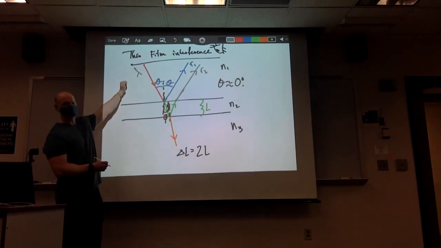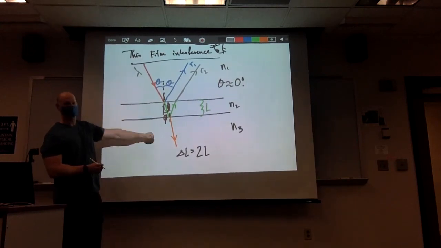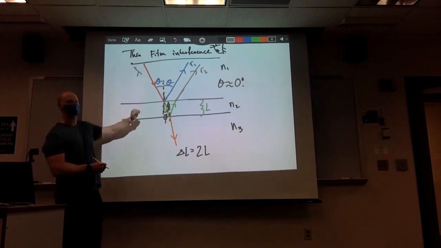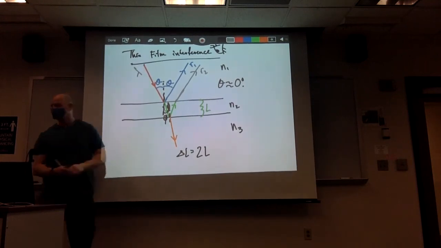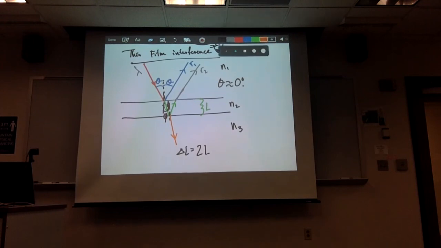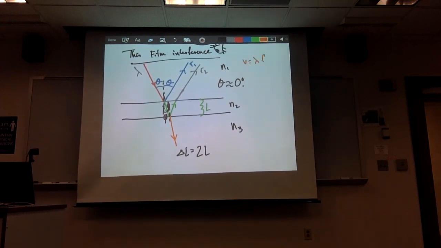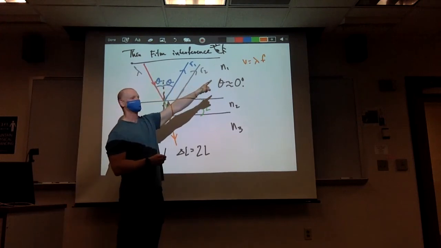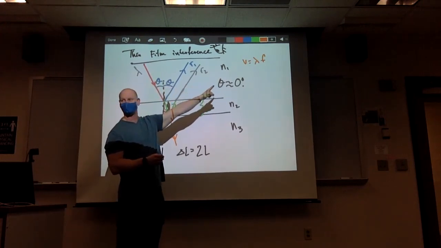But since this index of refraction is different than this index of refraction, which is different than this one, the speed is different here than it is here. Remember that the velocity is equal to the wavelength times the frequency, which means the velocity is different, but the frequency is the same. That means the wavelength has to be different.